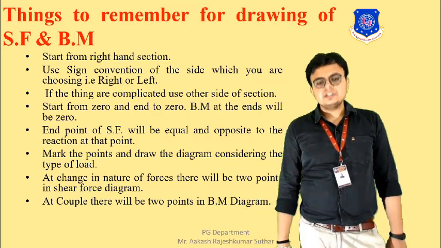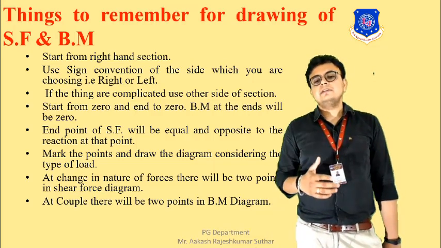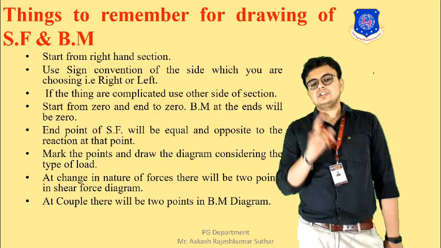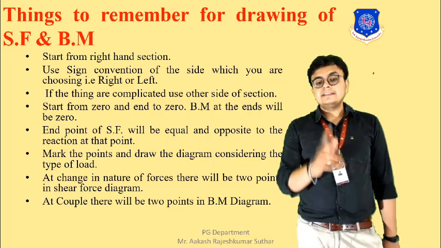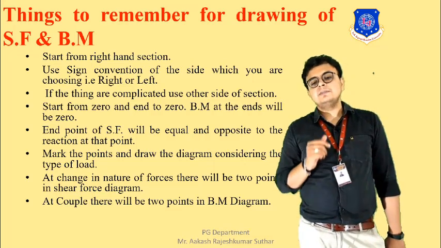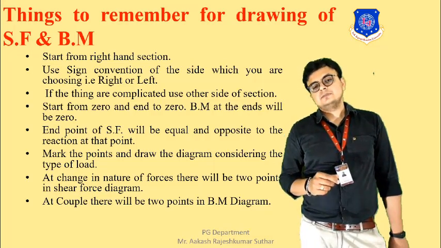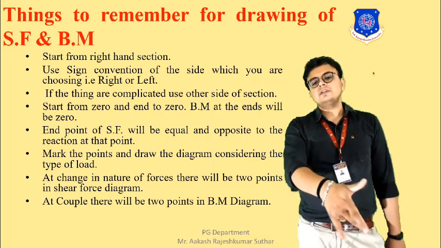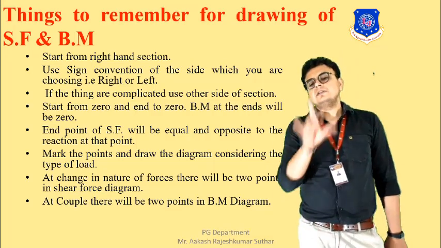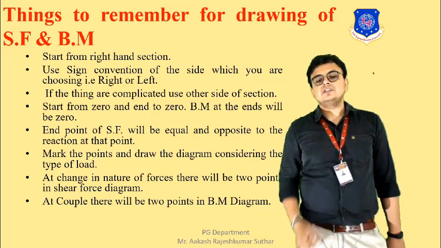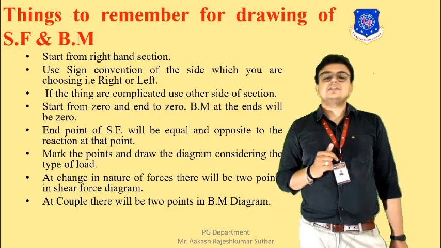At a change in the nature of the force, there will be 2 points in shear. At the couples, there will be 2 points in the bending moment. So both in shear force and in bending moment, there will be 2 points at the change of the characteristics.